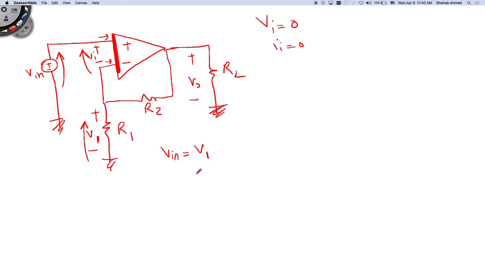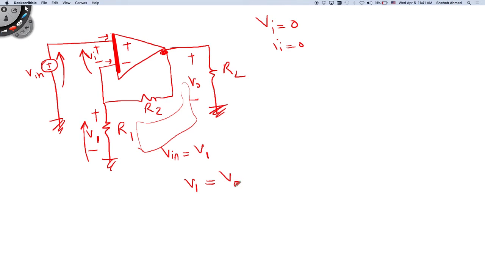And what is V1 equal to in terms of V output? This is V output across RL. I have V output at this node, and this is ground. I have V output across these two resistors, right? So I use the voltage divider rule. So what is V1 equal to?